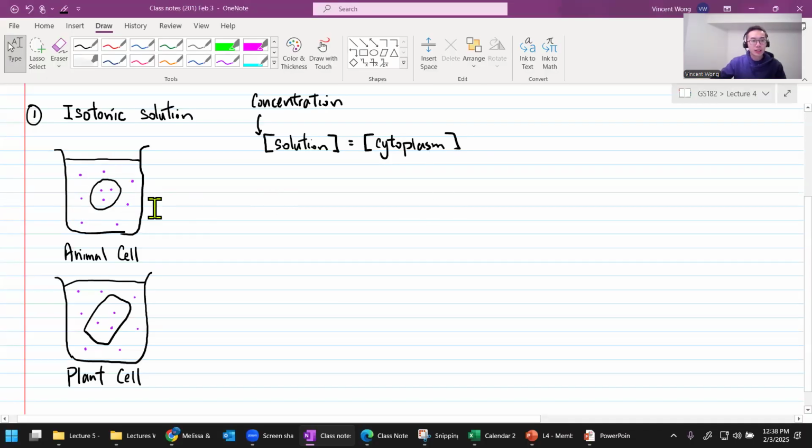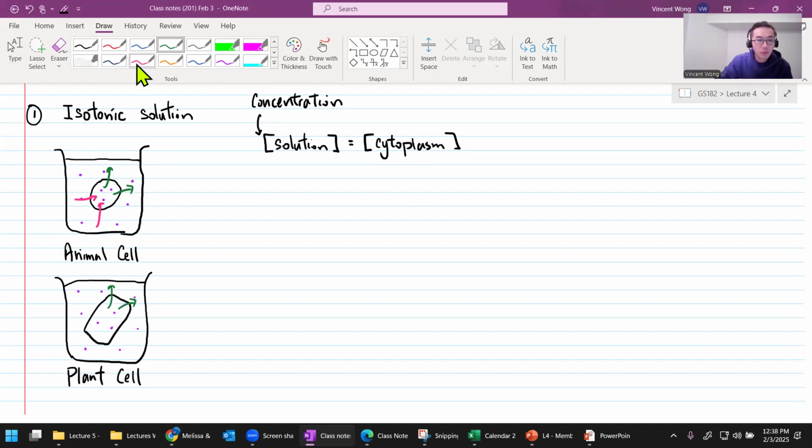The concentration on the outside and the inside are the same, so there's no uneven pull on water, meaning water will be coming in, but it'll be leaving at the same rate as well.